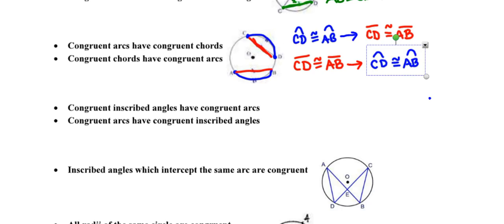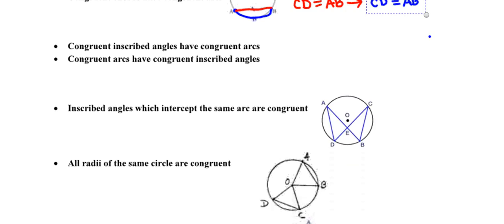The next one is fairly intuitive. Congruent inscribed angles have congruent arcs, and likewise congruent arcs have congruent inscribed angles. And they didn't make a little picture here, so I'm going to go ahead and draw one. I'm going to draw a picture of two congruent inscribed angles, so maybe I would make that angle 1 and angle 2.